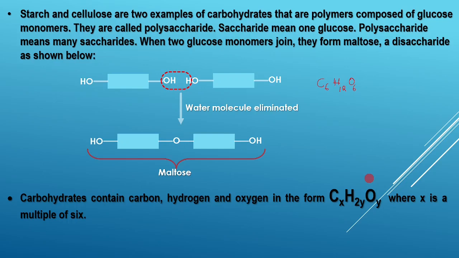That's why they're telling you that carbohydrates contain carbon, hydrogen, and oxygen in the form CX, then H2Y, then OY, where X is a multiple of 6, meaning X can be 6, then 12, then after 12, 18.